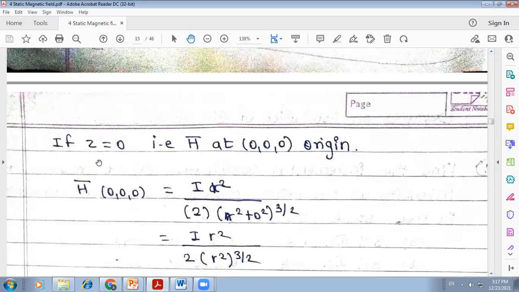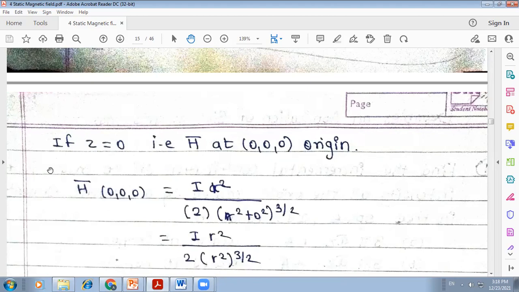When we are considering z equal to 0, we are actually finding this magnetic field intensity at point P. But if we consider that this point P is located at the origin only, imagine that circular loop is already in the x and y plane, and the point P where we have to find the magnetic field intensity is nothing but your origin.